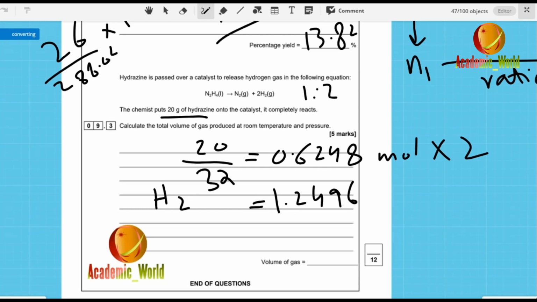And then the last step is you need to find the volume of N2 gas, because here we calculate the total volume of the gas. So you have to find the volume of N2 gas, that is, the moles of hydrazine, 0.6248, times 24 decimeter cube.